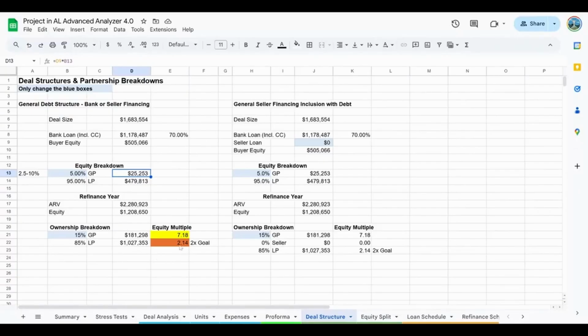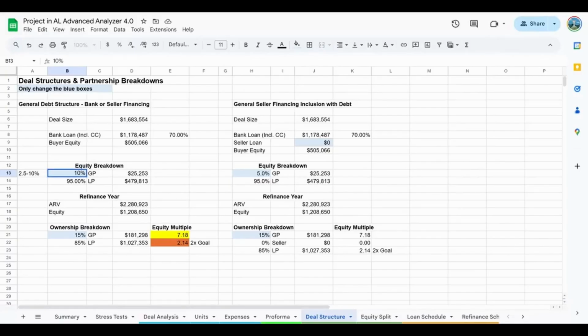So what you're shooting for is to get a 2x for the limited partners. That makes the deal enticing enough for most investors to take a deeper look at. And you can change these around. You can see how it changes the 2x goal.